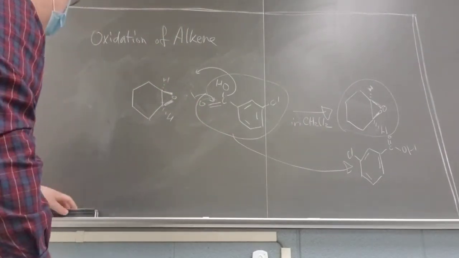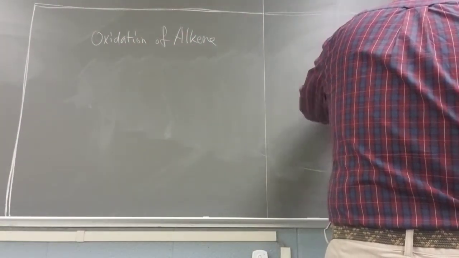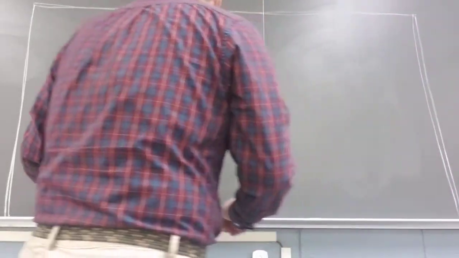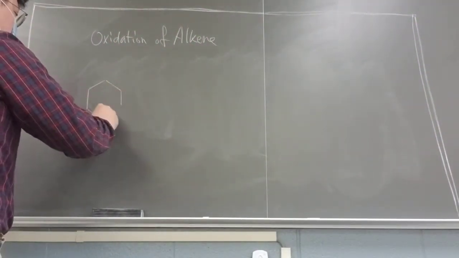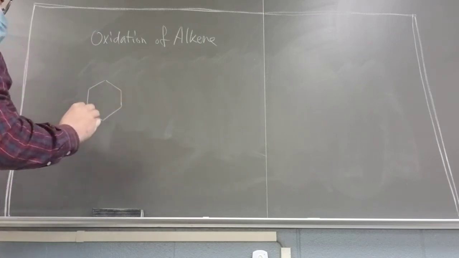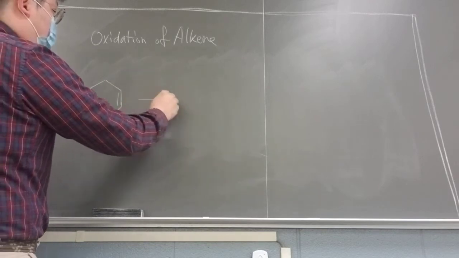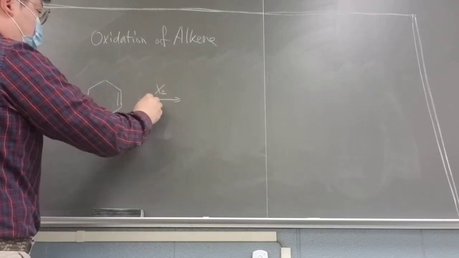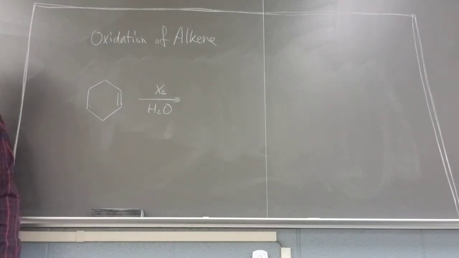All right, so there's another way. You can do this here. So if you can try to do this one, okay. So you have this one, and do you remember this one? Halohydrin formation.